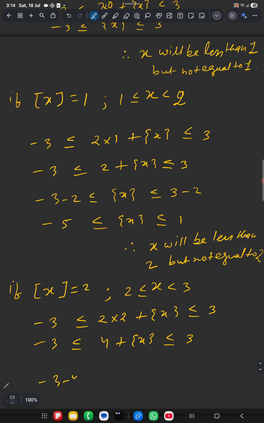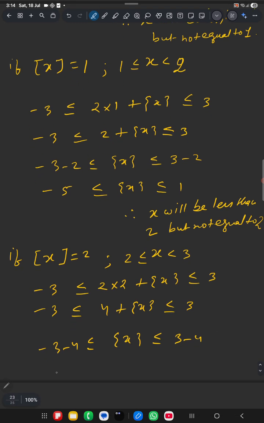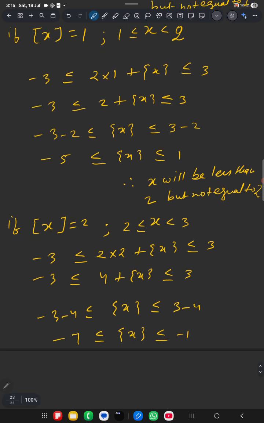So minus 3 minus 4 less than or equal to fractional part of x less than or equal to 3 minus 4. Here you are getting minus 7 and fractional part of x less than or equal to minus 1. Here you have to take a break. Why? Fractional part is lying between minus 7 and minus 1, which is not possible.